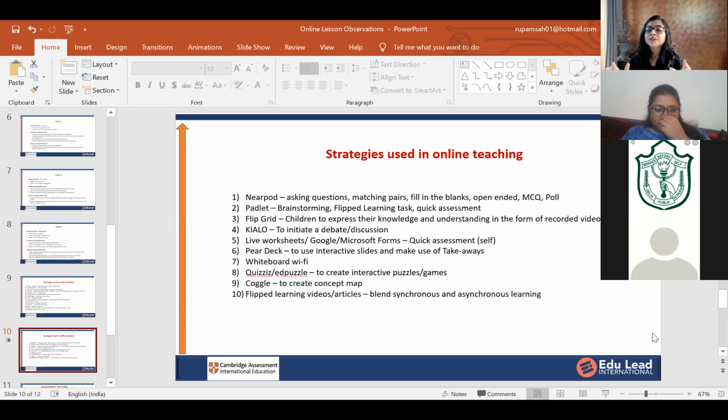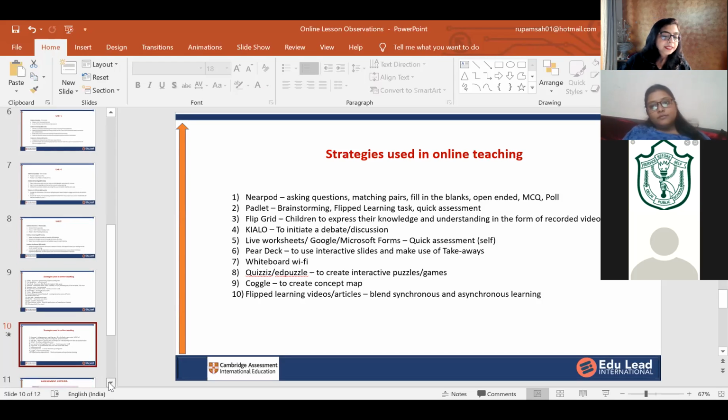And one of the ways of sharing it is in the form of an advanced organizer. So you can give them some blank advanced organizers, and as you proceed with your session, the children can keep on adding to the concept map. So that's the idea. They can do this with the help of Coggle. All right, so we've done this.